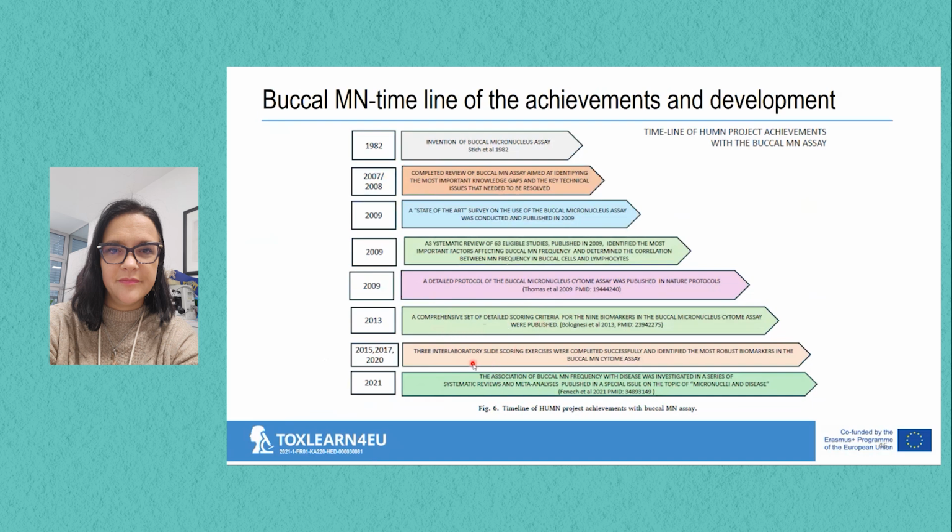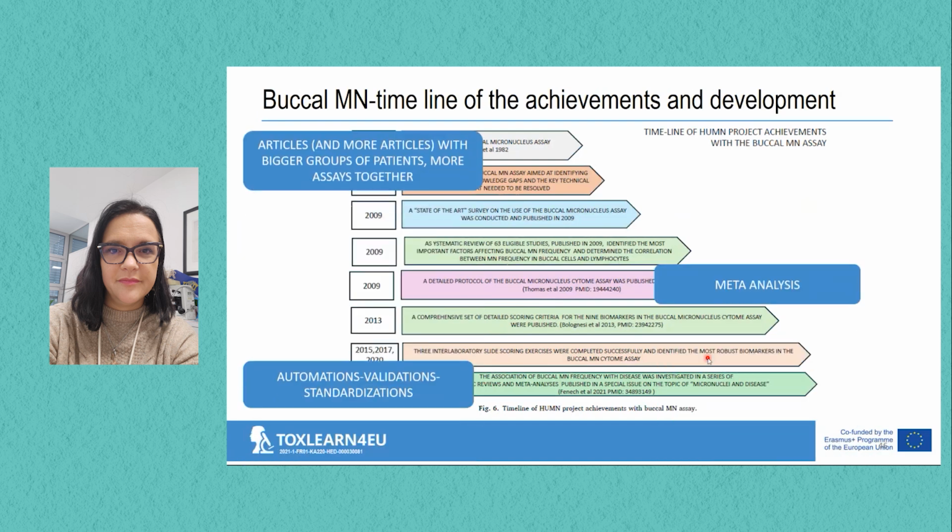There were inter-laboratory scoring exercises, and there was a series of systematic reviews and meta-analyses on the connection of buccal micronucleus frequency and diseases, because the scientists that are interested in this assay want to make it an important and established biomarker in disease prediction, cancer prediction, and as a clinical biomarker.